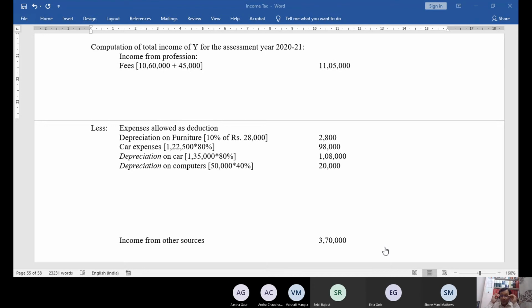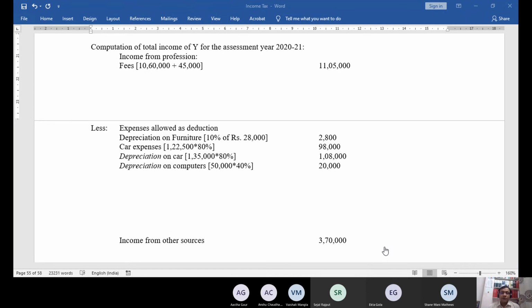Sir, should it be income from other sources? No, it is an income or not? This is my question. I'm not asking about the head. Is it your income?